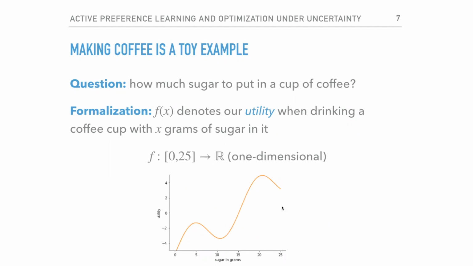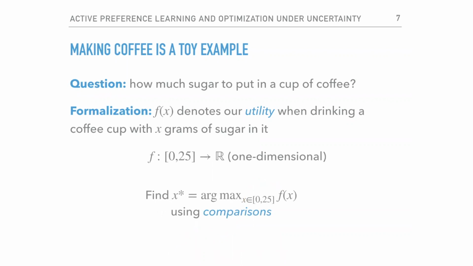So in this example, this person prefers 5 grams of sugar or 20 grams of sugar over the other points in the domain. We will be using this function as the true objective function that we are optimizing when we come back to this example later on. But again, in our setting, we assume that we don't know what this function f looks like. And our goal is still trying to find the x star that maximizes it over the domain using only pairwise comparisons.